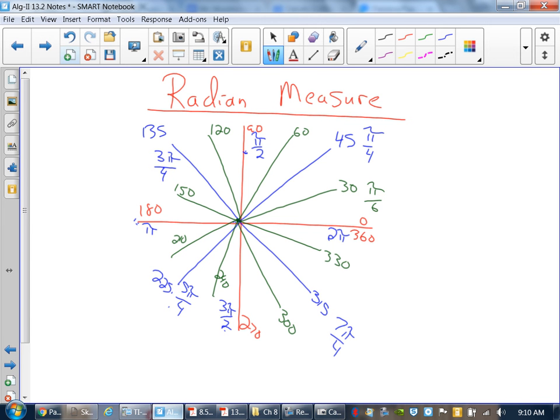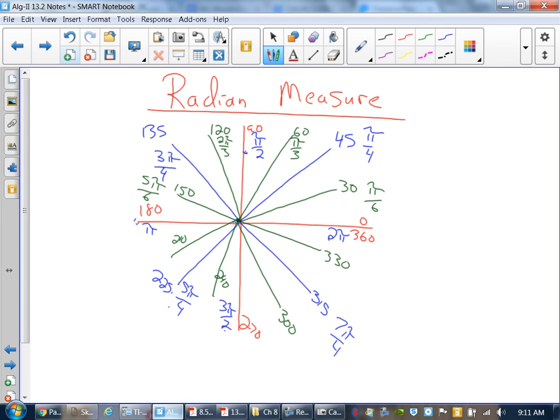Okay? So this is 1/6. This was 2/6, but we write it as 1/3, so it's pi over 3. 1/6, 2/6, 3/6, 4/6, which is 2 pi over 3. 1, 2, 3, 4, 5/6. This would be 5 pi over 6.